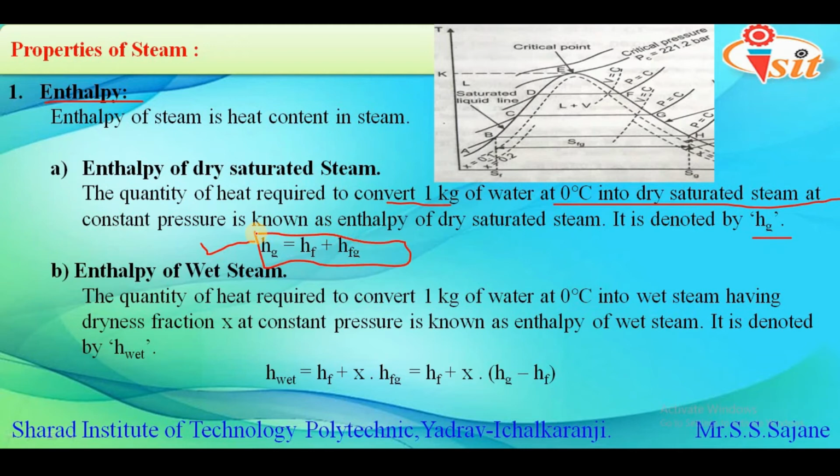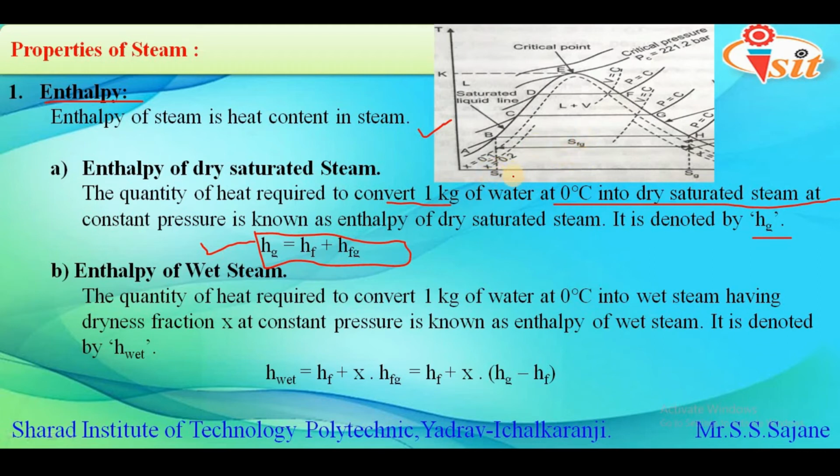Now you will think, what is the meaning of this Hg or Hf as well as Hfg? If you remember our previous lecture where we studied the TS diagram, we have here a screenshot of our previous slide where we have seen the various values of entropy, that is Sg, Sfg or Sf.